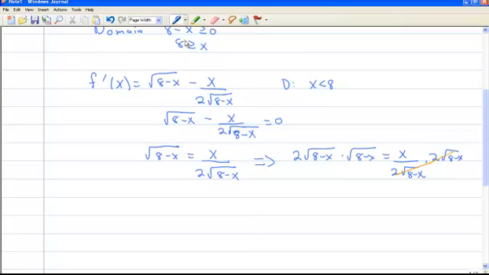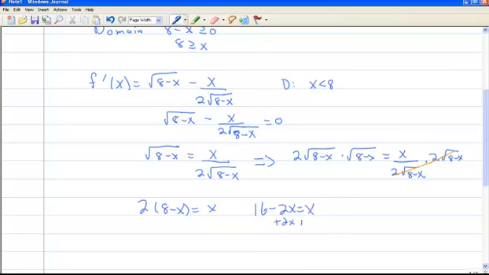These divide out, and we're left with 2 times 8 minus x equals x. So 16 minus 2x equals x.